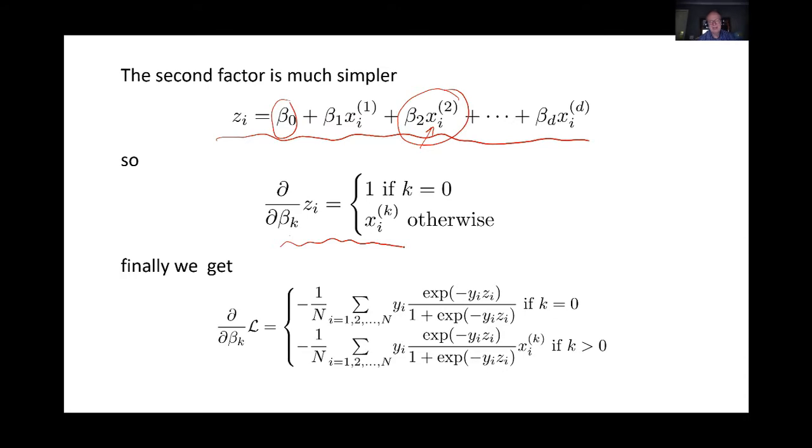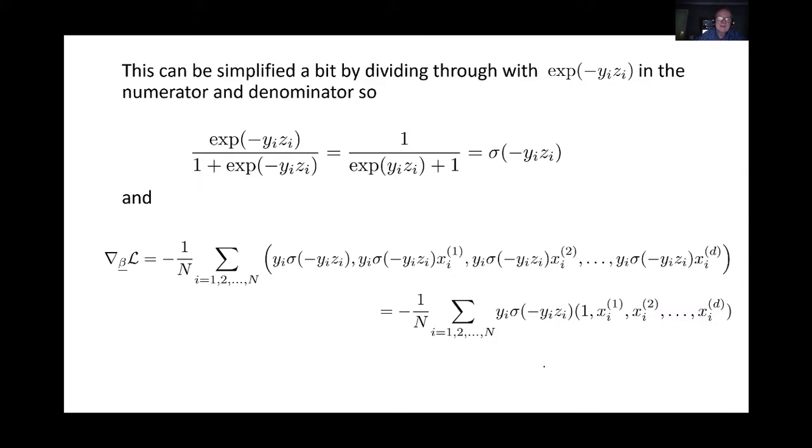But altogether, we're getting some pretty nasty looking formula for the partial derivatives here. So the partial derivatives of the loss function are given by these horrible looking expressions here. Now it turns out they're not that bad, as one can figure out here. You can do it a little bit easier.